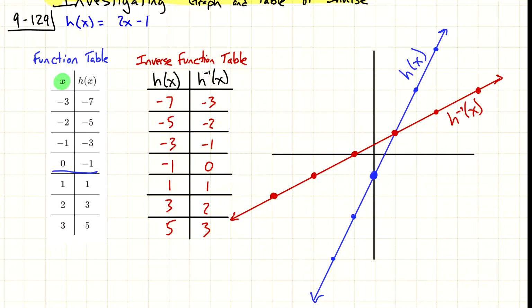You'll notice it still looks like a straight line, except it's not in the exact same place. It looks very similar to the original. So the question is, why does it look like this? What's affecting it on the graph?